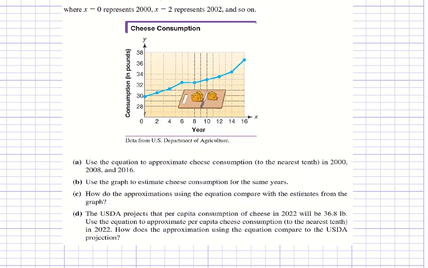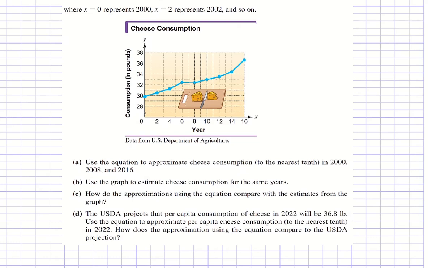So you use the equation to approximate cheese consumption to the nearest tenth in 2000, 2008, and 2016. Use the graph to estimate cheese consumption for the same years. How do the approximations using the equation compare with the estimates from the graph?